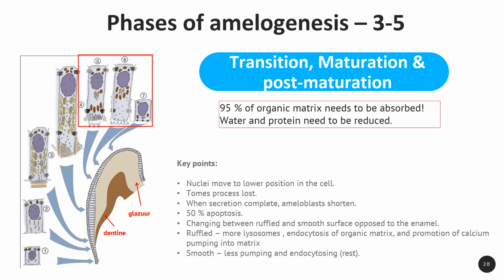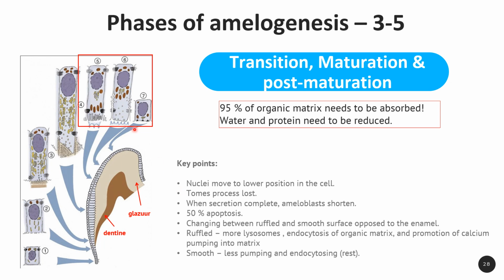Also what happens in this process, and this is given by cell 7 here, I believe, up to 50% of the ameloblasts will die. So 50% undergo apoptosis. This final stage then you can think of as being split into two processes.